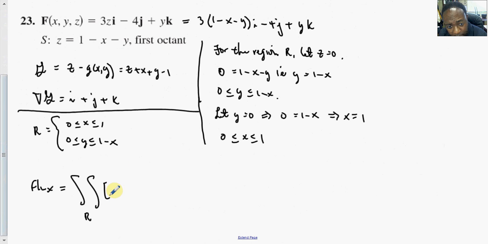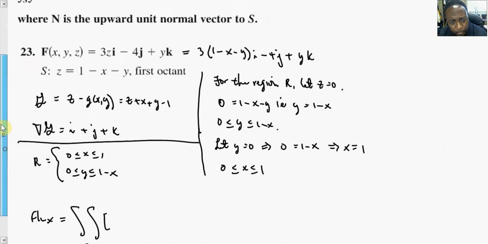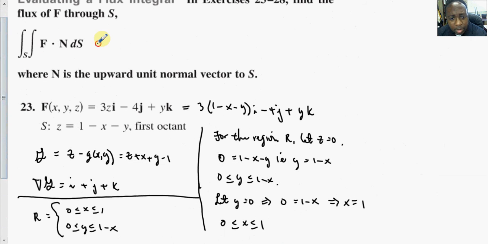This is the dot product of F with the gradient of G dA.